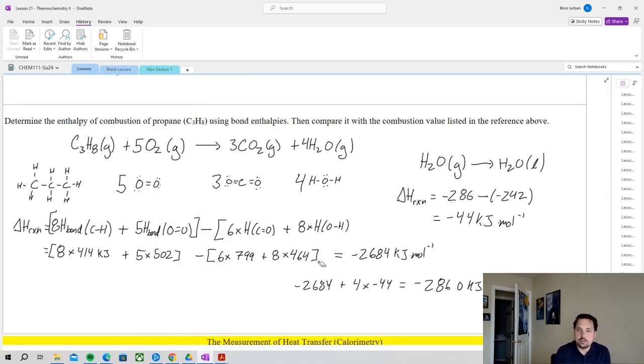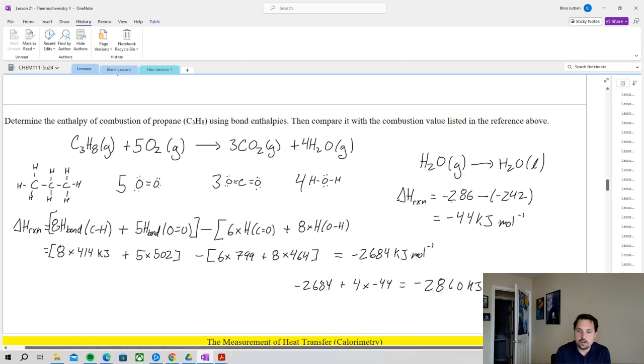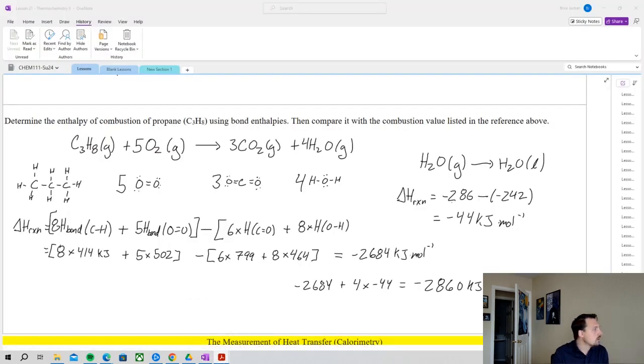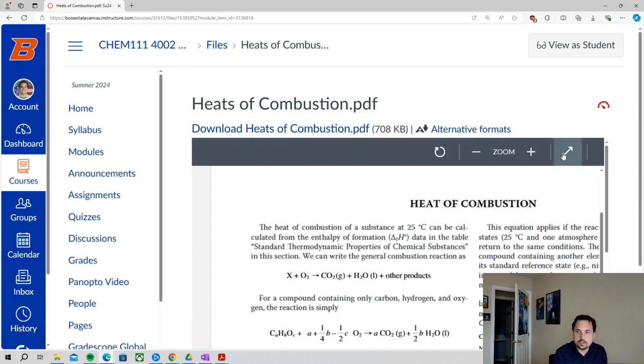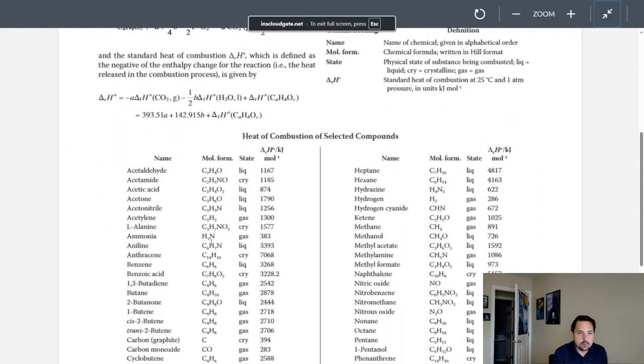Okay, so I said compare it to the value listed in the reference. So let's find that reference value. Combustion. Where's the combustion table? Here's the combustion table.